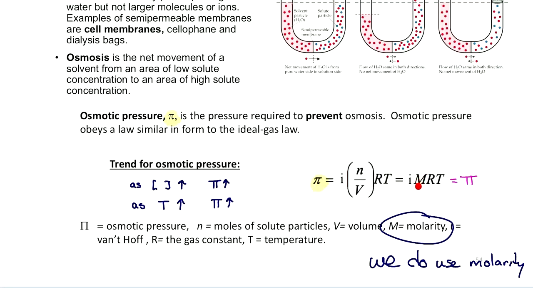We are using molarity now, not molality anymore. R, this is the same R from the gas law, 0.08206 liter atm per mole Kelvin, and then temperature in Kelvin. So really, again, if you squint your eyes, this is just PV = nRT. But we're calculating osmotic pressure of a solution that has a concentration of salt or whatever.